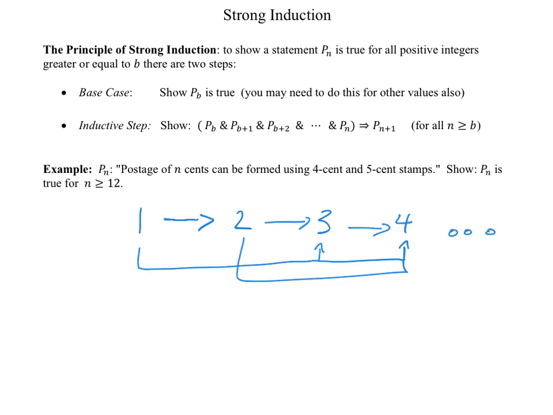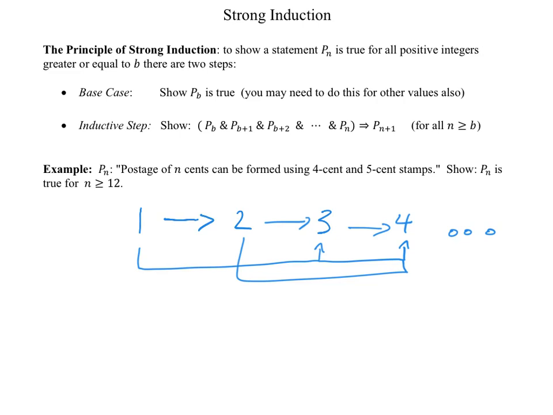You can also use this different type of chain of implications to show that statements are true about the integers. Now, there's not a particularly big advantage of strong induction over regular induction, other than that in some examples it's more convenient to look at previous steps other than just the very previous one.